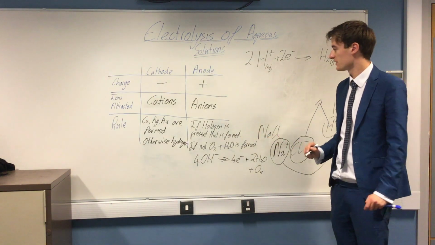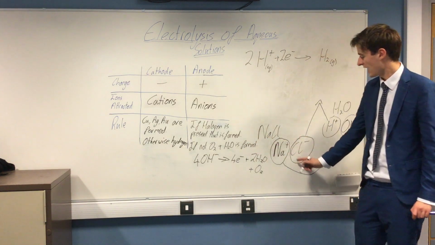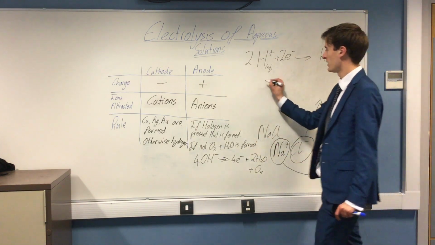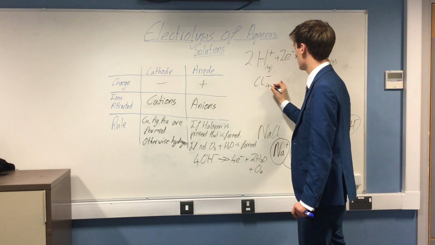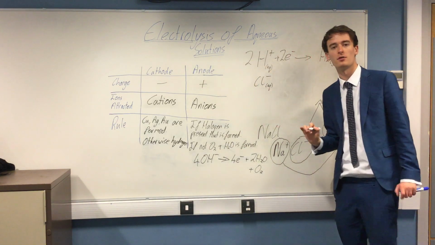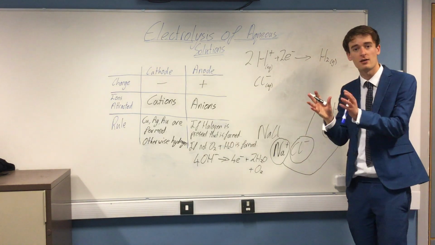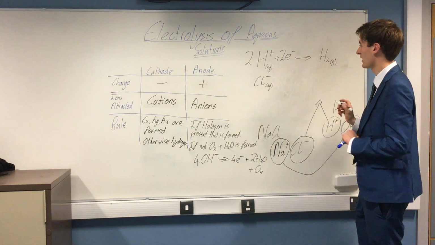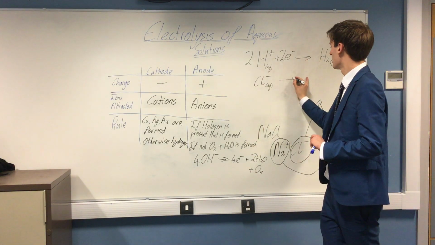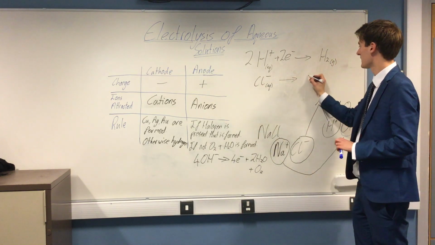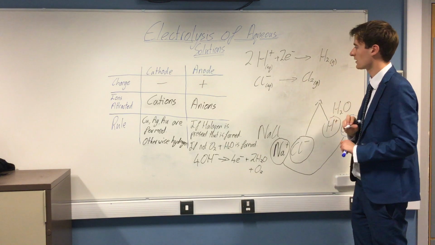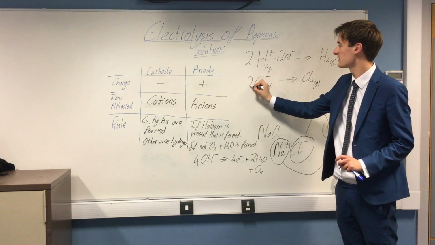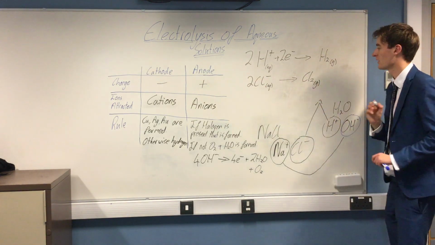Let's consider what happens at the anode. We've got a halogen present, Cl-. Again, we show that as aq on the state symbols because that's what's in our beaker. That's what's undergoing electrolysis. We form Cl2 gas. Again, I need to balance the atoms with a 2.